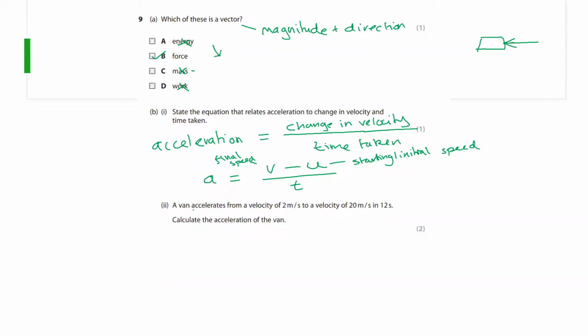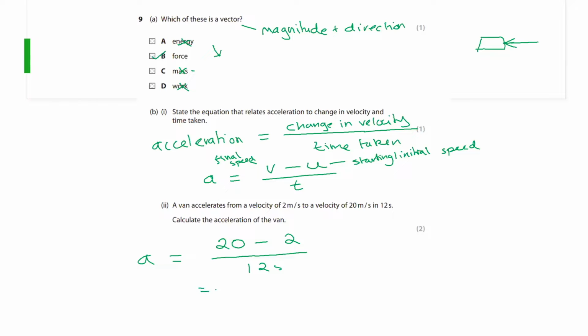A fan accelerates from a velocity of 2 meters per second to a velocity of 20 meters per second in 12 seconds. Calculate acceleration. This is a good one, that's why we did this, because I could see there was a question coming up. V, final speed, 20, minus starting speed. So it's not always 0. That's why I said the starting speed, over 12 seconds.